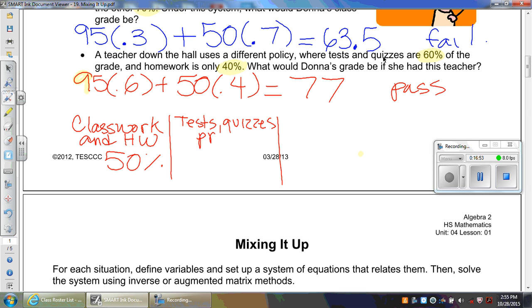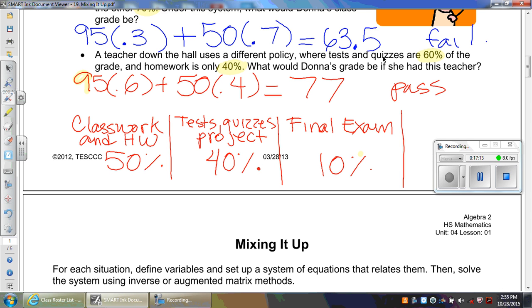And projects? 40. This is the one that you need to be careful with, right? You can't have zeros there. And then what is the remaining 10%? The checkups. The final exam or the 6 weeks exam. If you add those percentages, you get 100%, right?